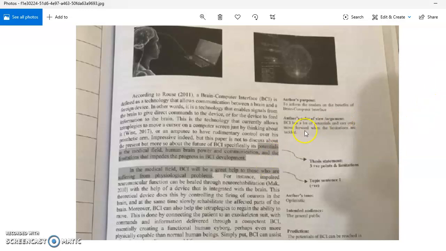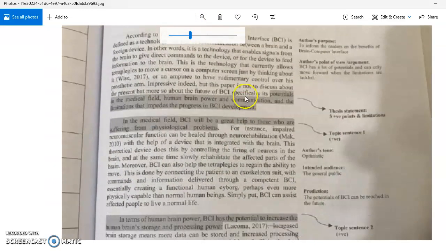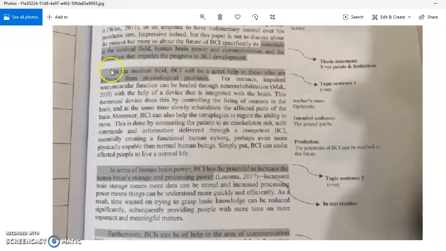In the textbook, obviously you have to find your thesis statement, like it is indicated in the textbook. For this text it is here, and then you have to put a label and clearly indicate that this is the thesis statement of the whole essay. The same goes for your topic sentences. You have to find your topic sentence, for example, this is topic sentence 1, and clearly indicate that.